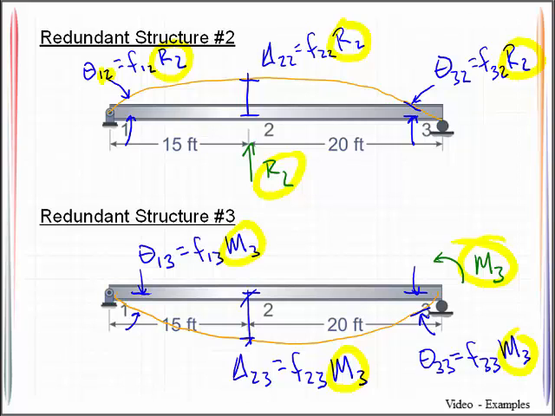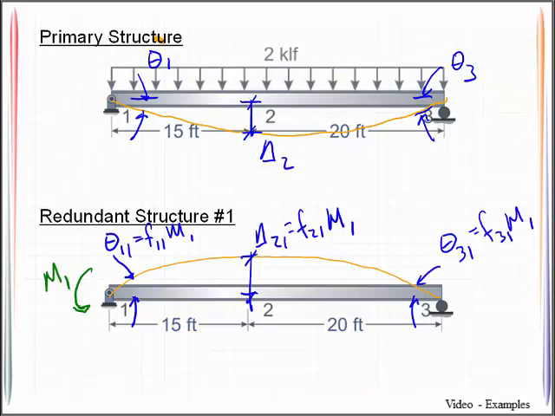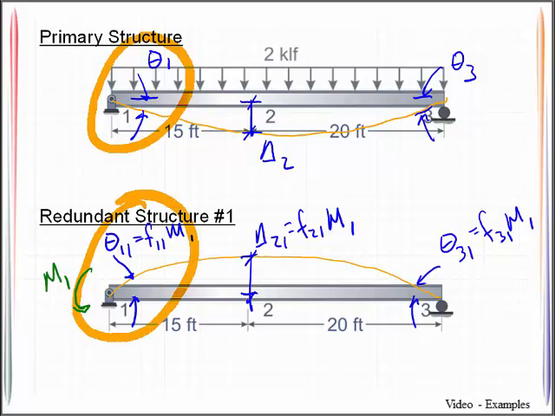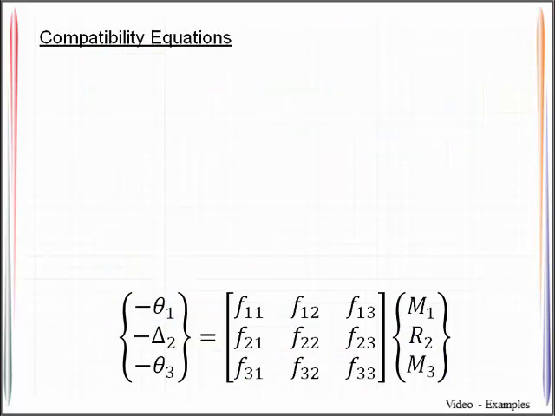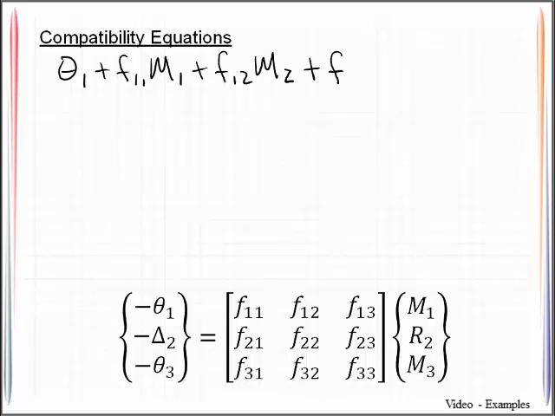And the way we do that is we go ahead and sum up the rotations at each of these locations. So that's what we'll do here. We'll get theta 1 plus F11 M1 plus F12 M2 plus F13 M3.